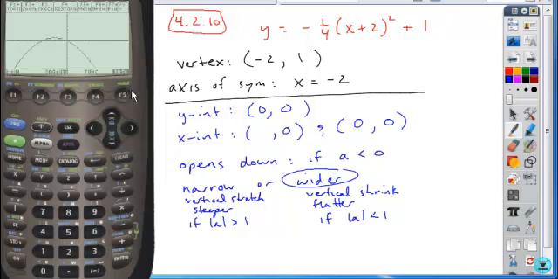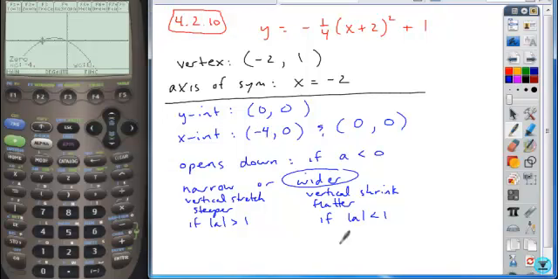Hold on, I hit the wrong button. Okay, so if I want to find my 0, my lower bound is just something to the left. Hit enter. Now I move to the right for my upper bound. As long as it's to the right of this intersection, I'm okay. So now my crosshair is to the right of that intersection. And it's going to give me the zero between those, which is -4, 0. So those would be my two x-intercepts.